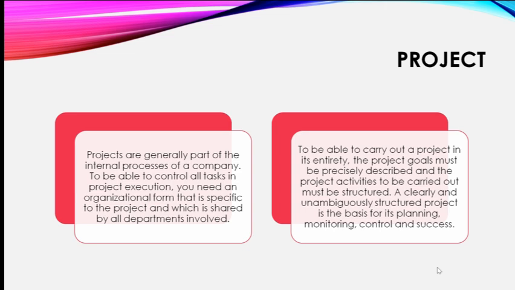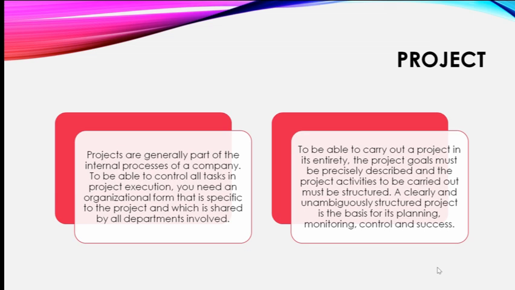And also, to carry out a project, the goals of the project must be precisely described, and all the project activities should be carried out and structured in a correct way. A clear and unambiguous structured project is the basis for its planning, monitoring, control, and success. As I already said in the previous slide, once the project structure is planned and created in the system, it is very complex to change it or to remove it.